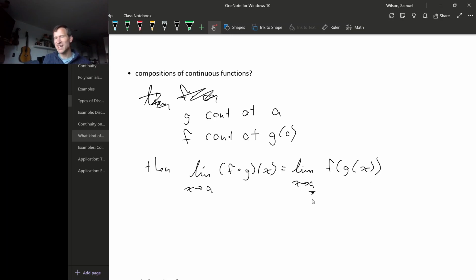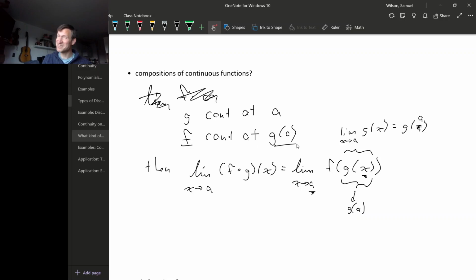Well, as x goes to a, what's happening inside here is that we're getting the limit as x goes to a of g of x, but g is continuous at a, so this is g of a. So the stuff inside the function f is going to g of a.